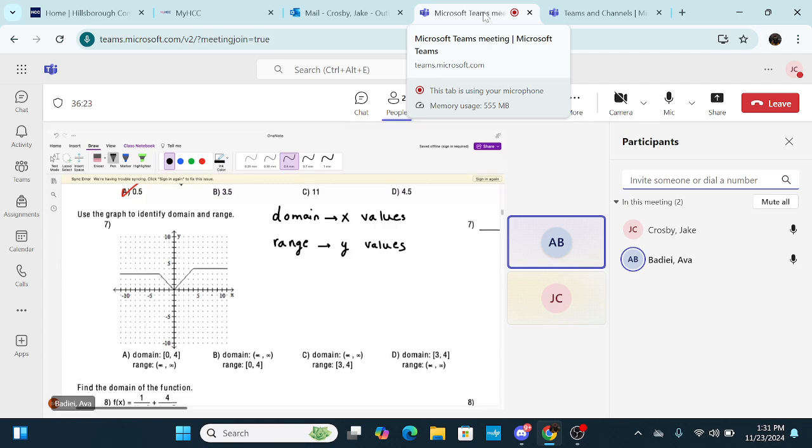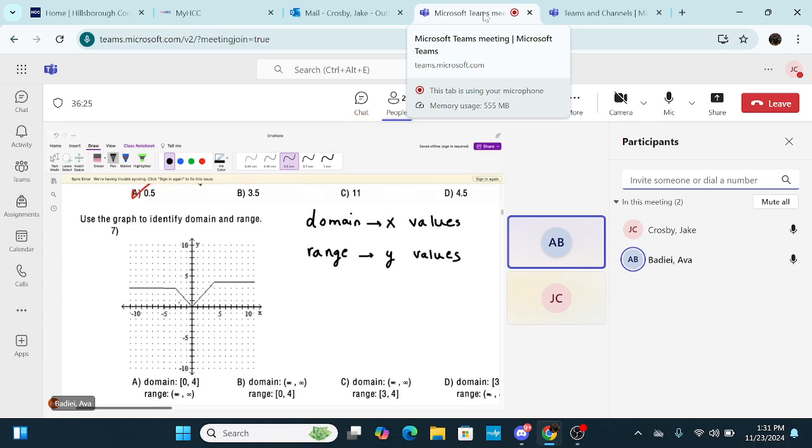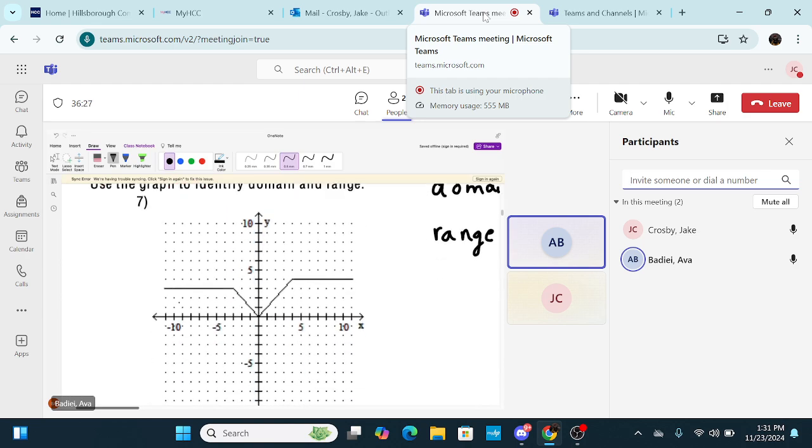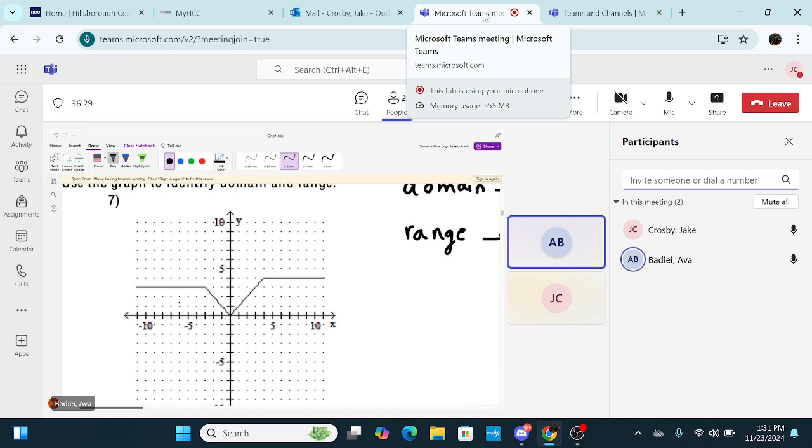Now, let's try to read the x values and y values on this specific graph. When it comes to x values, you're going to look at this horizontally. So you're going to say, okay, this is the graph. Let me just highlight it with green.